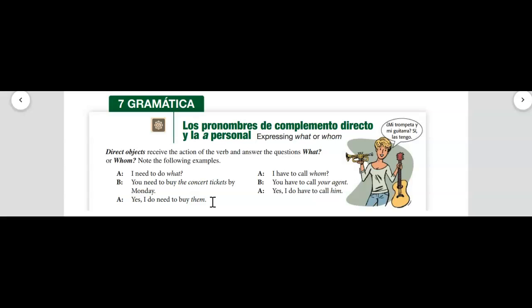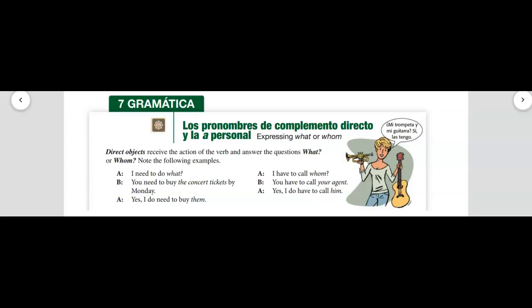The same happened in the second example. In the last sentence, you only say, yes, I do have to call him. You already know you're talking about your agent, right? Instead of saying your agent or my agent, you only say call him.